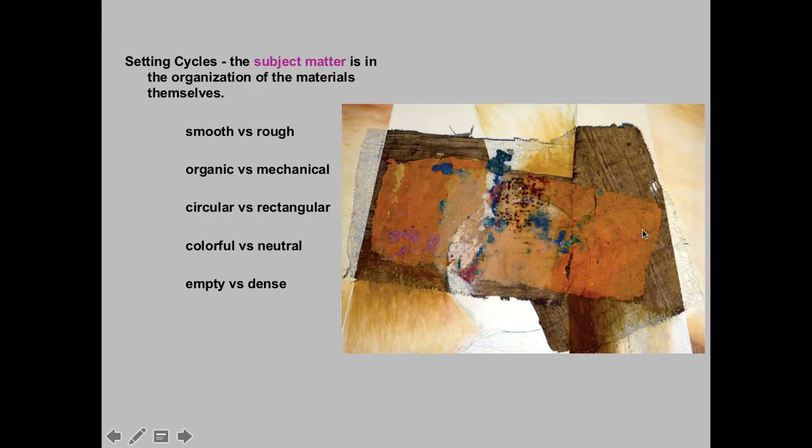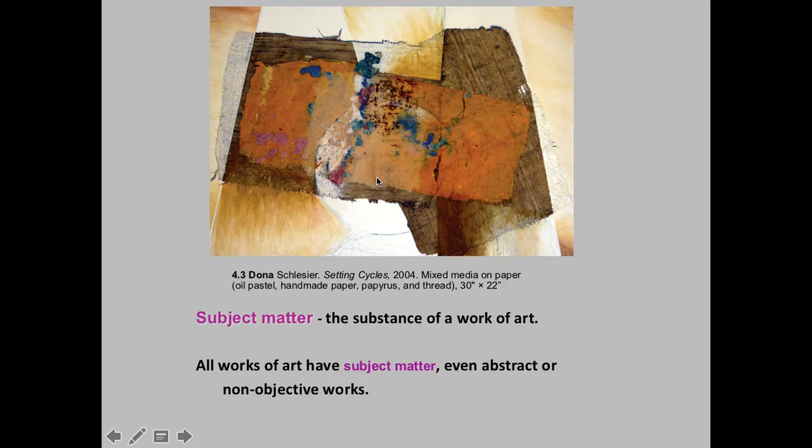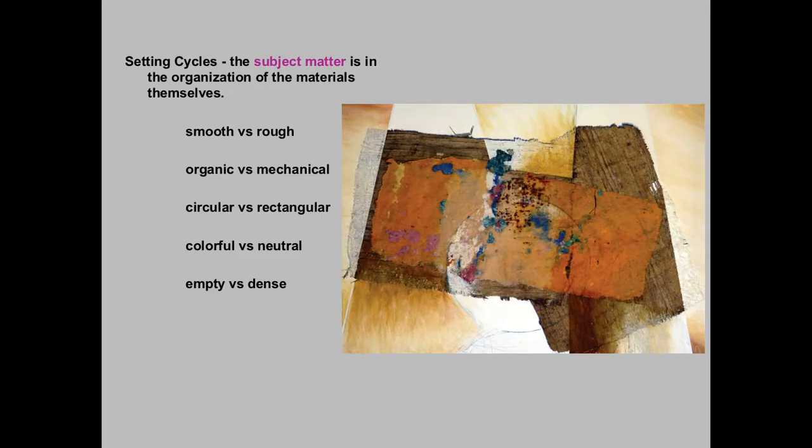And then we've got these layers of paper and materials, and that's giving us a sense of time passing. So we know from the title a little bit that this might have a meaning in terms of time elapsing, because it's setting, cycles that are setting, right? Okay, so it's got a bunch of interesting materials, by the way.